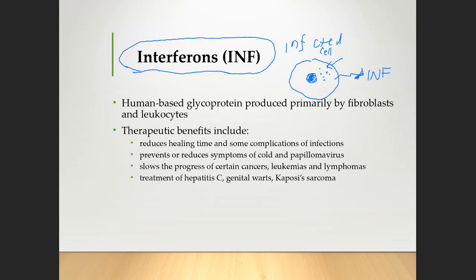This interferon then will be used by the healthy cell. Let's say this is another cell, a healthy cell. When the healthy cell receives the interferon, it will be able to produce proteins that will block the entrance of the virus, for example.